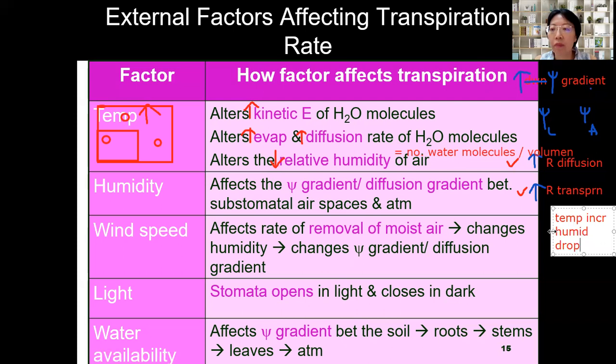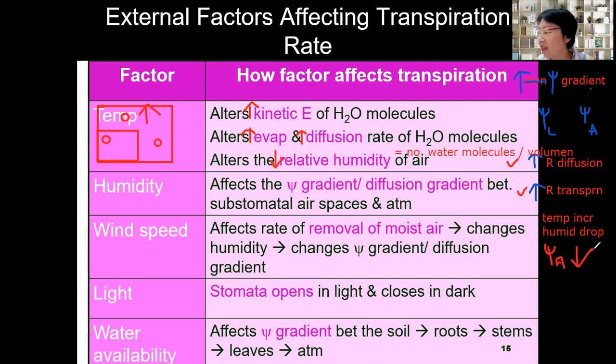Okay, humidity has dropped. What happened to my water potential of the atmosphere? Increase or decrease? Decrease, correct, because there are fewer water molecules per unit volume, right? So this one's correct.